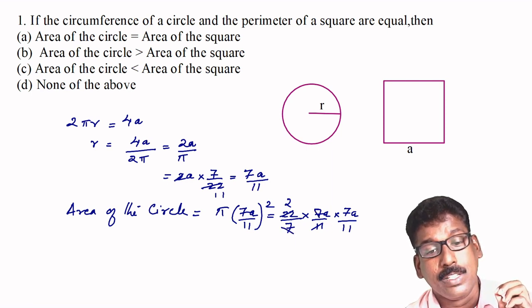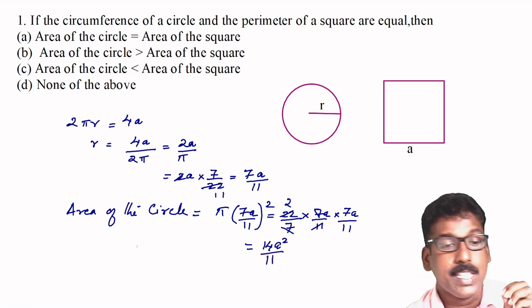Then what is remaining? 2 into 7, that is 14 a square by 11. This is area of the circle.